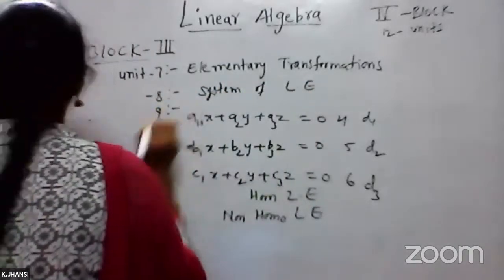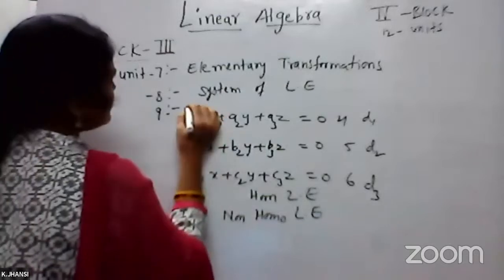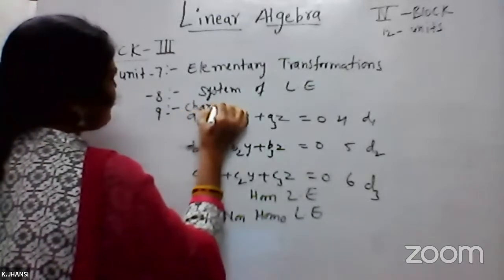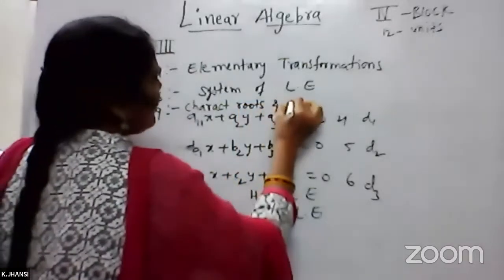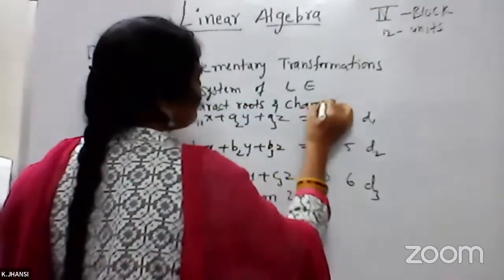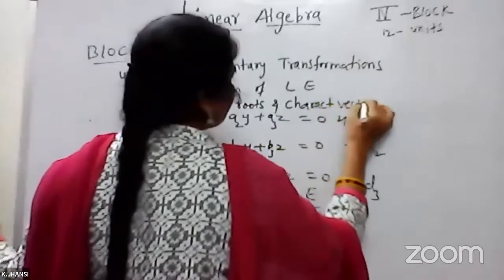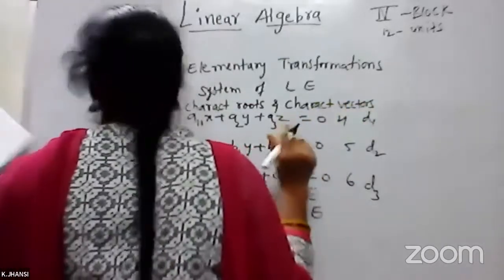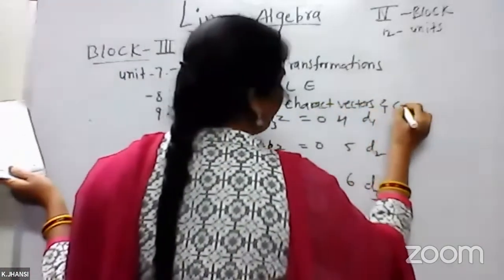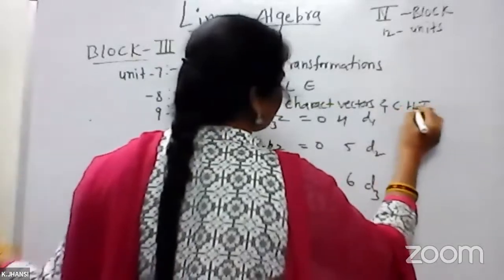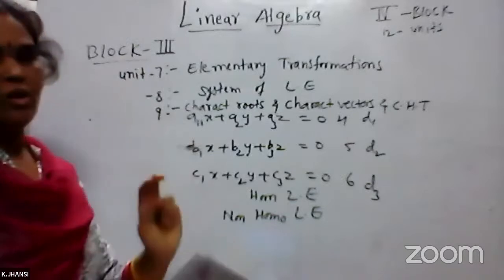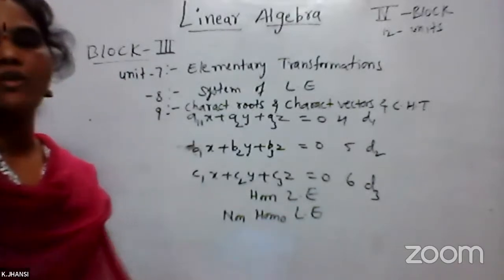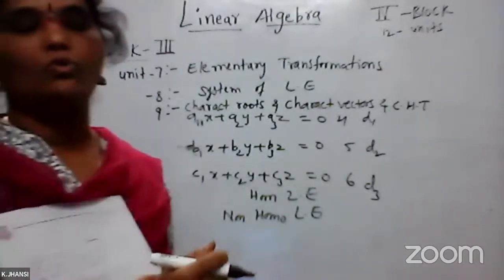And unit 9 is characteristic roots and characteristic vectors. And in this only you have the Cayley-Hamilton theorem. Okay, Cayley-Hamilton theorem. So block 3 and block 4 are somewhat problematic compared to 1 and 2.